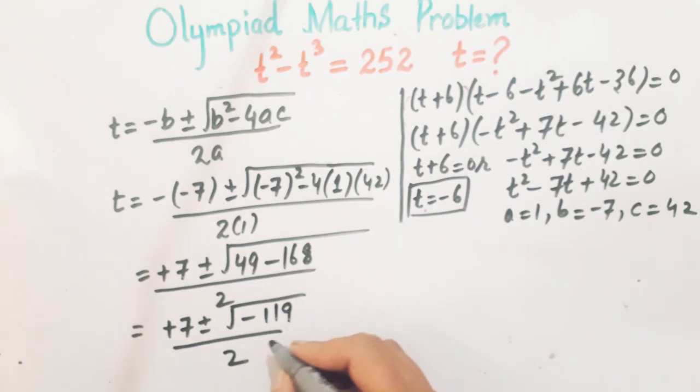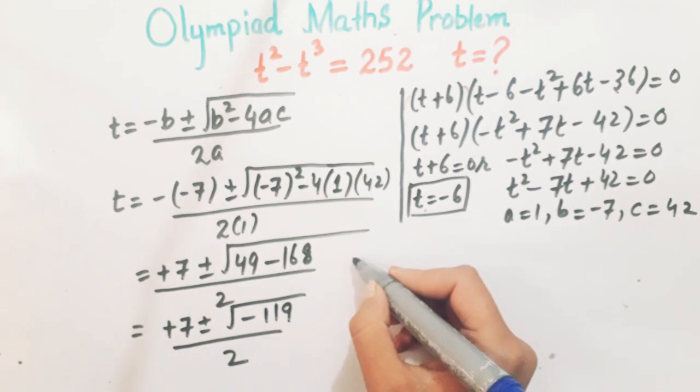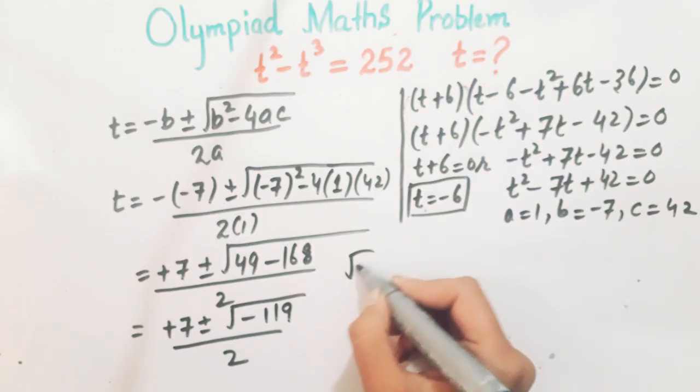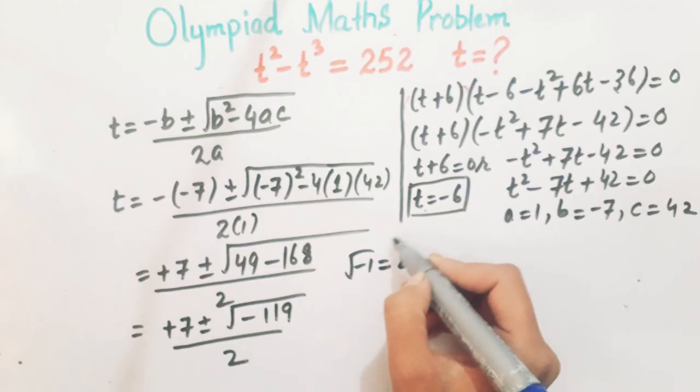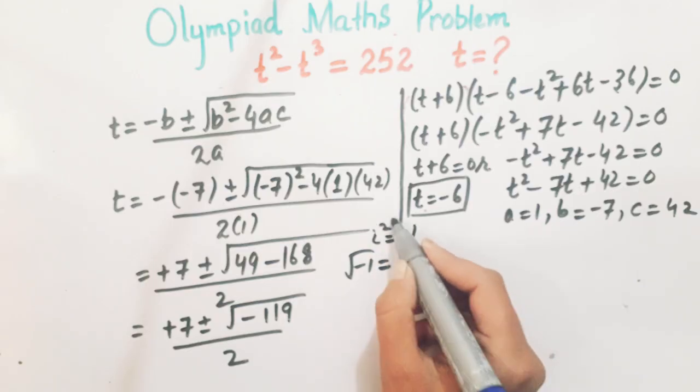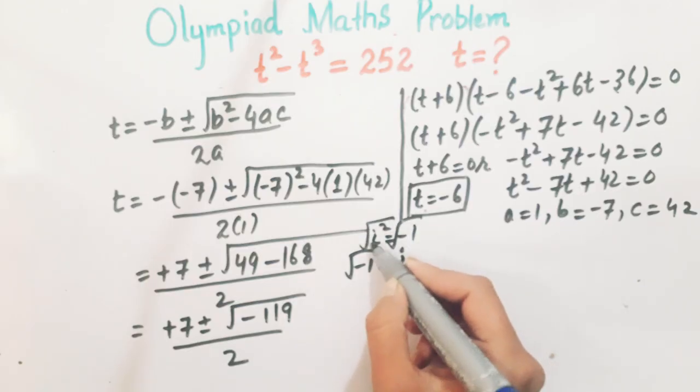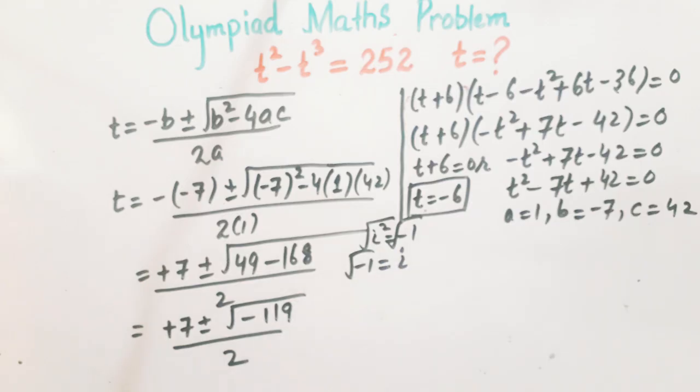So we know that square root of minus 1 equals iota, because iota square equals minus 1. So when we take square root on both sides, we will get iota equals square root of minus 1.